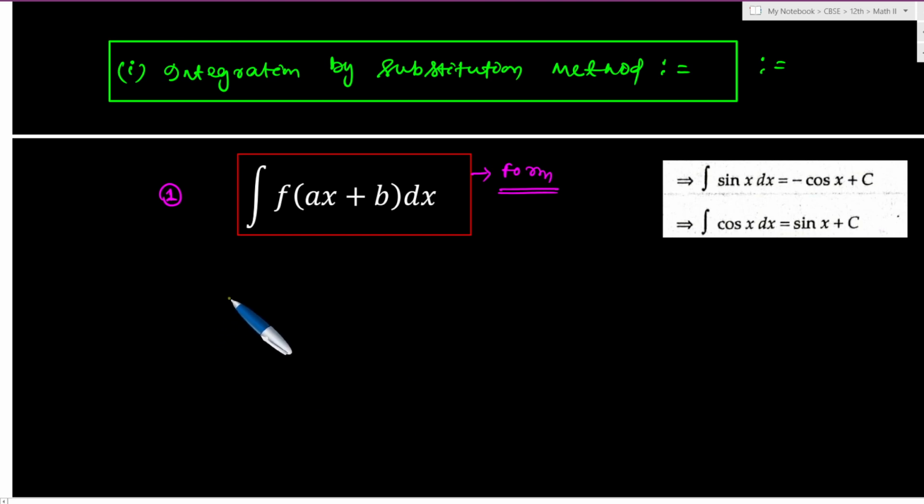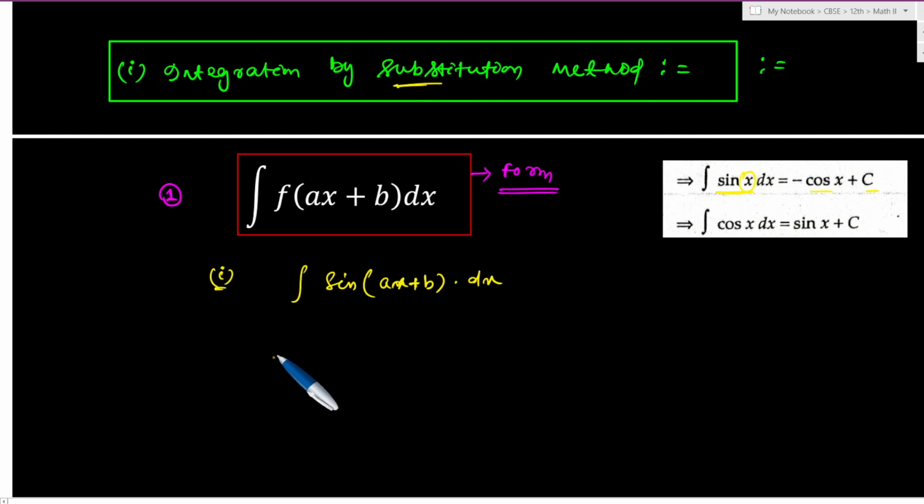Listen. Let the first question in this form be the integration of sin(ax plus b) into dx. We know the integration of sin x is equal to minus cos x plus c. But here, in place of x, it is ax plus b. So how to solve this type of question? We'll use the simple substitution method.